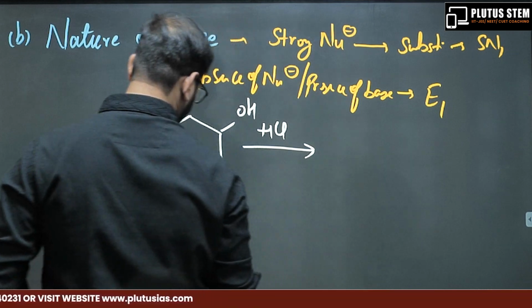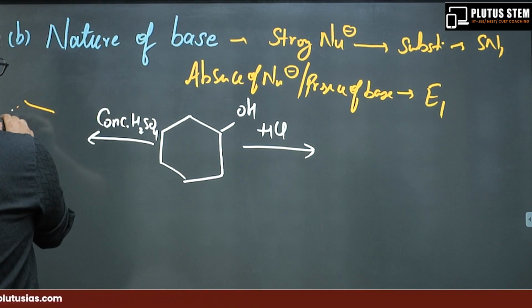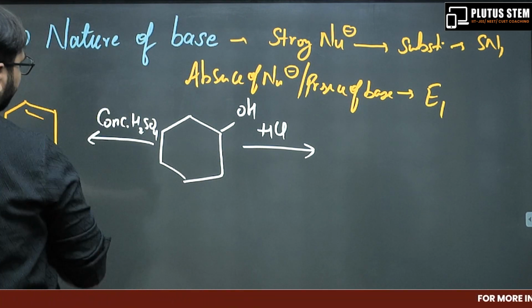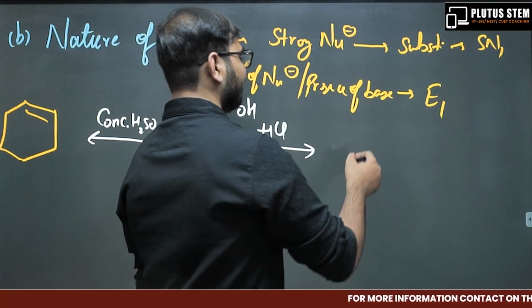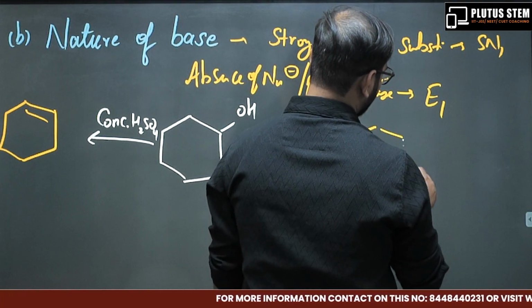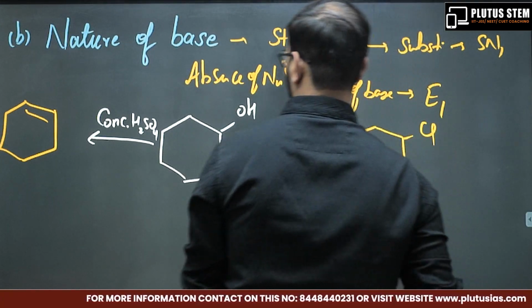This can be explained by an example: with concentrated H2SO4, I get the elimination product as the major product, while using HCl, I get the substituted product as the major product.